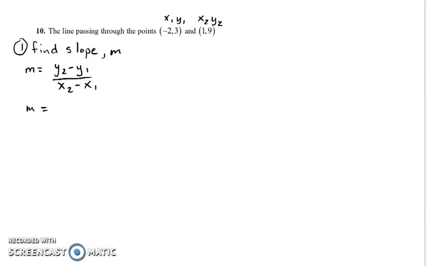So that is 9 minus 3 over 1 minus a negative 2, which is 9 minus 3 is 6. 1 minus a negative 2 is 3. So our slope, since 3 goes into 6 twice, is 2.